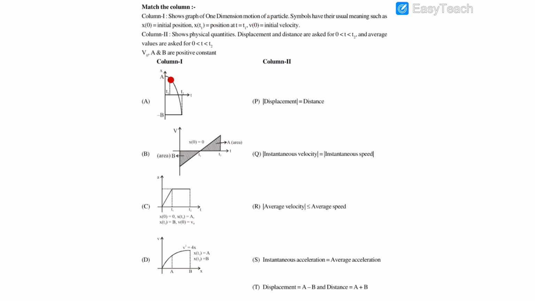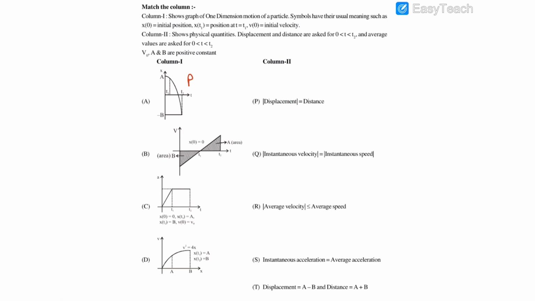If displacement is continuously decreasing, then the particle is moving in the backward direction, along the negative x-axis. At no point is the velocity zero, which means that the particle is not coming to rest at any point and it is not changing its direction. So distance and displacement would be the same. So option P is one of the correct answers for A.